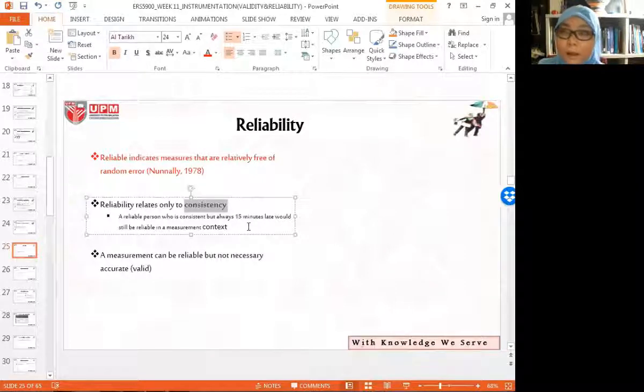Every day he or she will be 15 minutes late. They are reliable, but in this context not valid. A measurement can be reliable but not necessarily accurate.